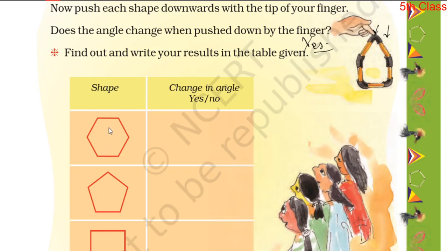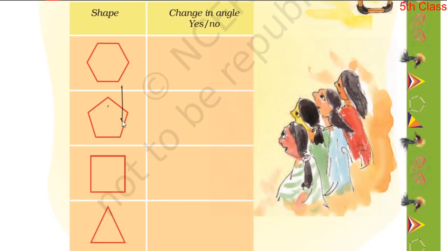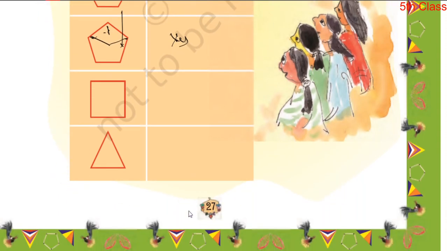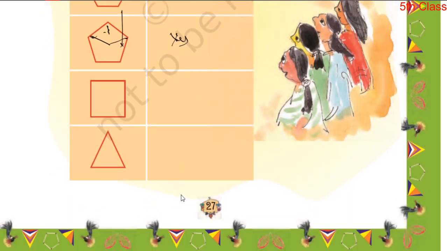Take the second figure. Suppose you push towards this one, what happens? The shape of the angle will change. Therefore, it is yes. If you take the third one, the triangle, does the angle change when pushed down towards this direction?